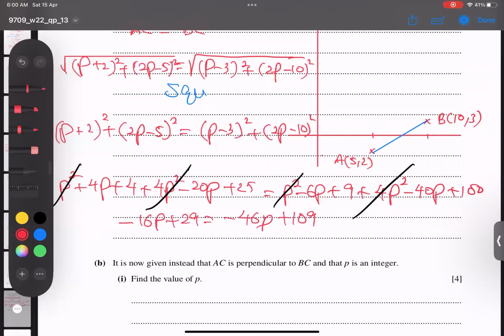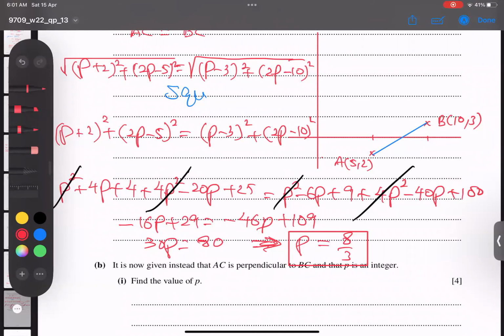Now I'm simplifying. This 46 comes this way, this goes the other way. Out of 46 subtract 16, I get 30p. Out of 109 subtract 29, I get 80, and p value becomes 8/3. Alhamdulillah Rabbil Alameen. I hope the point is very, very clear.